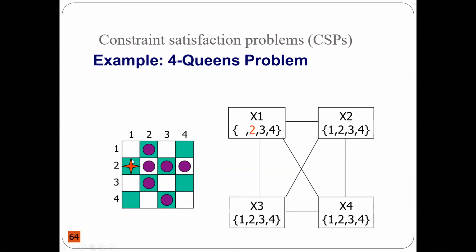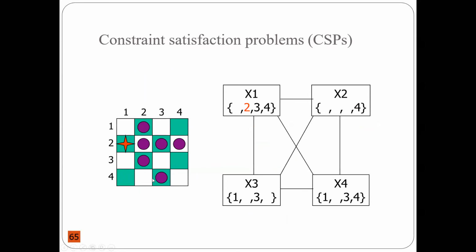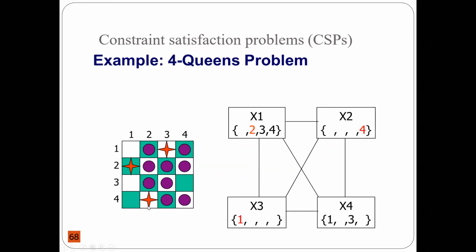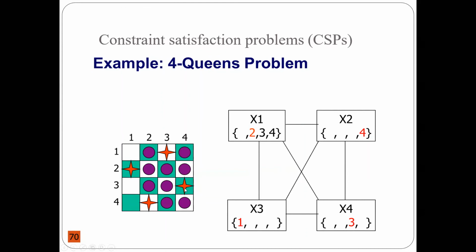Then the first queen we place at 2,1. Next we place the queen at 4,2. Next we place the queen at 1,3, and last we place the queen at 3,4.